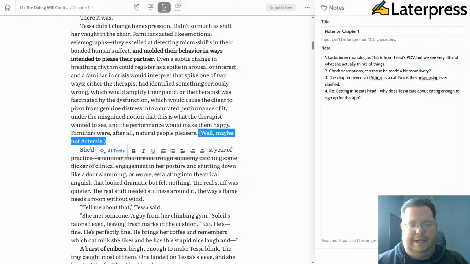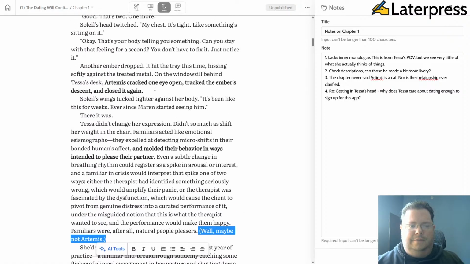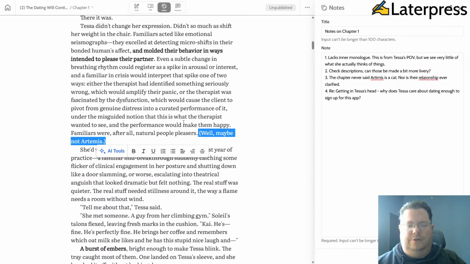So there's a line I added that is specifically addressing Tessa's inner monologue, which is missing in this chapter. The "well, maybe not Artemis" line now establishes that Artemis is a familiar, which we didn't put up earlier, but now this hints that that is the relationship so that the audience is clued into it.